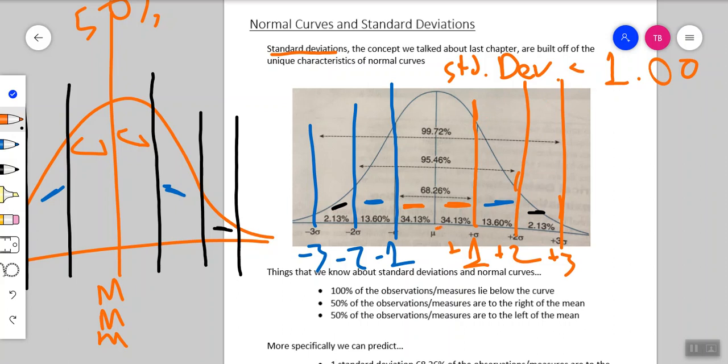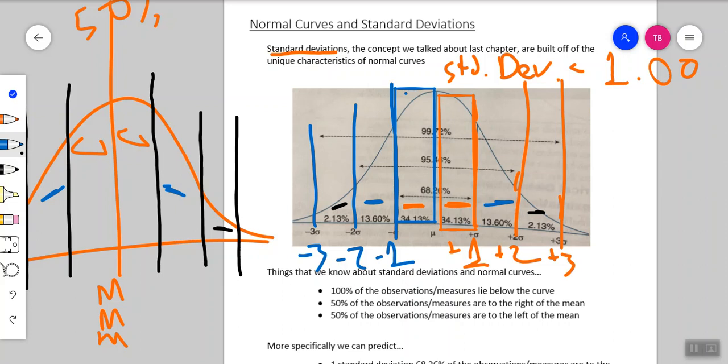So here you can see 34.13%. That's the exact number that's always going to be there with 1 standard deviation. This little section right here, 1 standard deviation ahead of the midpoint, is going to be 34.13%. Same exact thing on this side, just the negative side, but the percentage is still going to be positive.